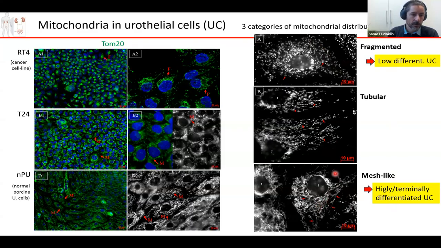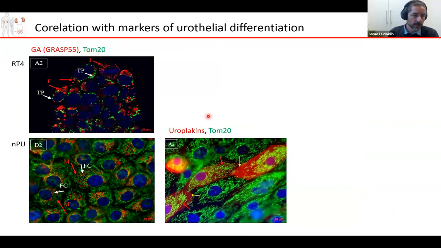So we correlated this process with some markers of urothelial differentiation, for instance, uroplakins, or Golgi, which also has a differentiation dependent distribution.